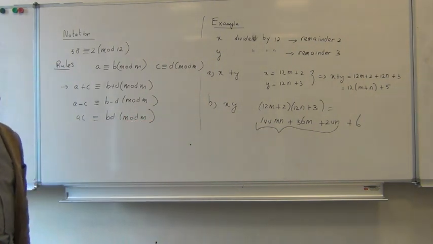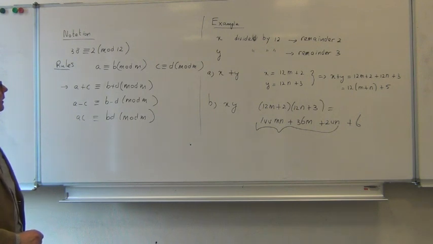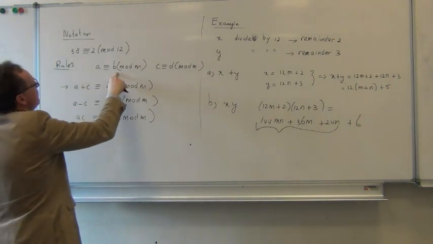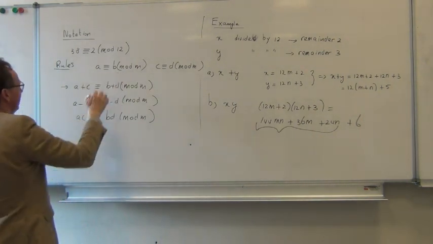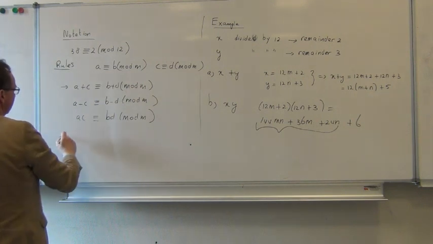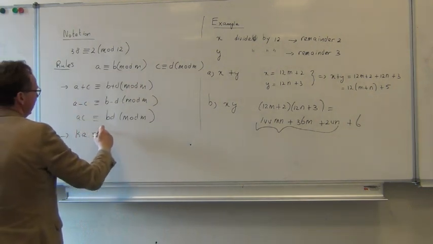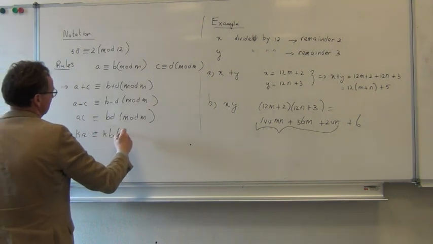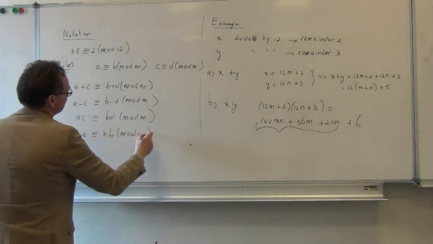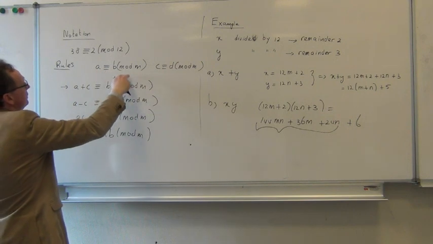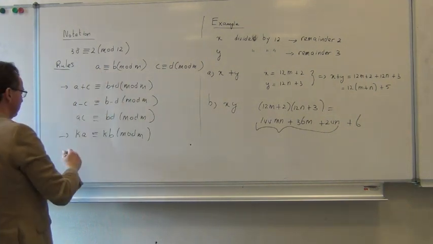And then also you can multiply with a constant. If you multiply both sides by k, then you can say that ka is kb, that's allowed. And it's also possible in this congruence to take the power of both sides.